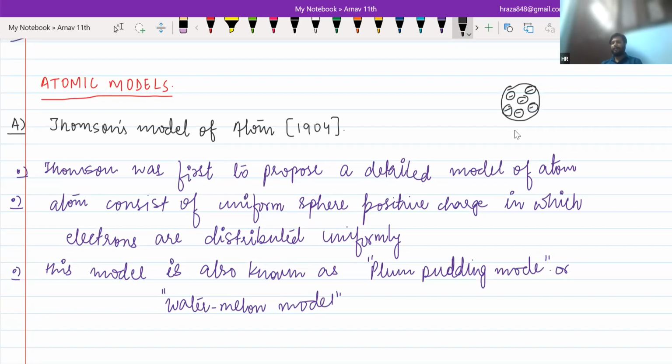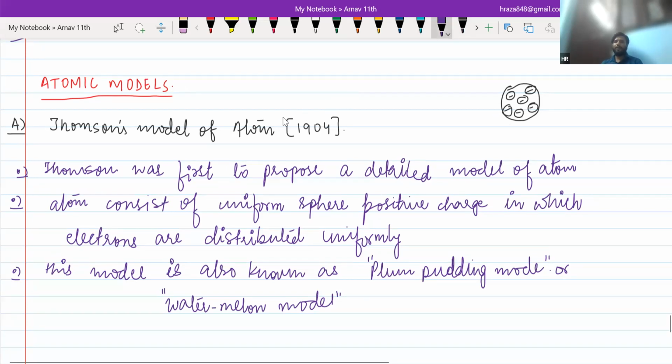And he also says that the mass of atoms is uniformly distributed, which was not true. That's why it was one of the drawbacks of this atomic model. And he also doesn't say anything about the movement of electrons. That means Thomson's model was a static model. So this was also one of the drawbacks.